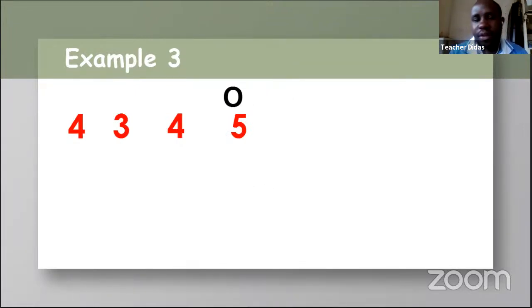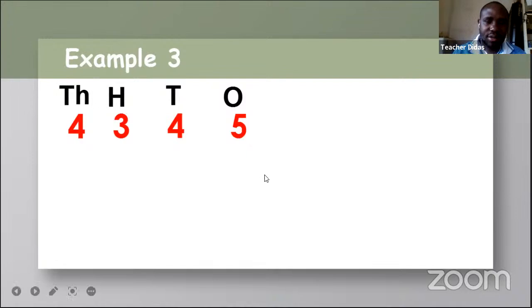So the first one is ones. The second one is tens. The third one is hundreds. And finally, the last one, I've added another thing, thousands. So we go on and give the number the place values. The place value of 5 is ones.